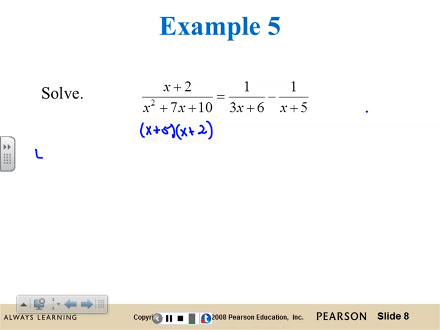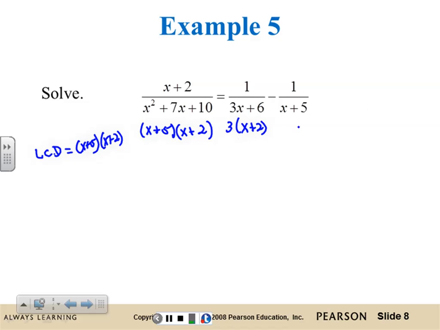Alright, so my least common denominator is going to be anything that's already in common, which is going to be the x plus 5. And then anything that's not in common, actually this 3x plus 6 will factor. I can bring a 3 out and get an x plus 2. So there's also an x plus 2 in common. There's an x plus 5 in common, that's done.